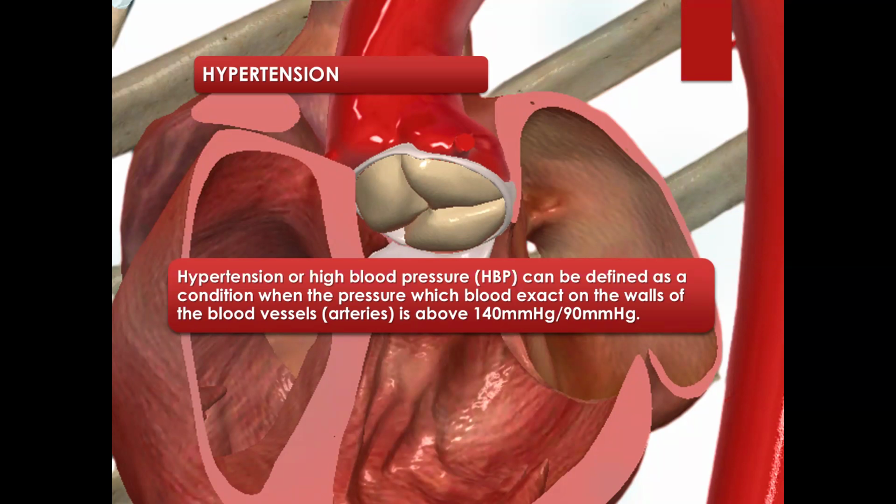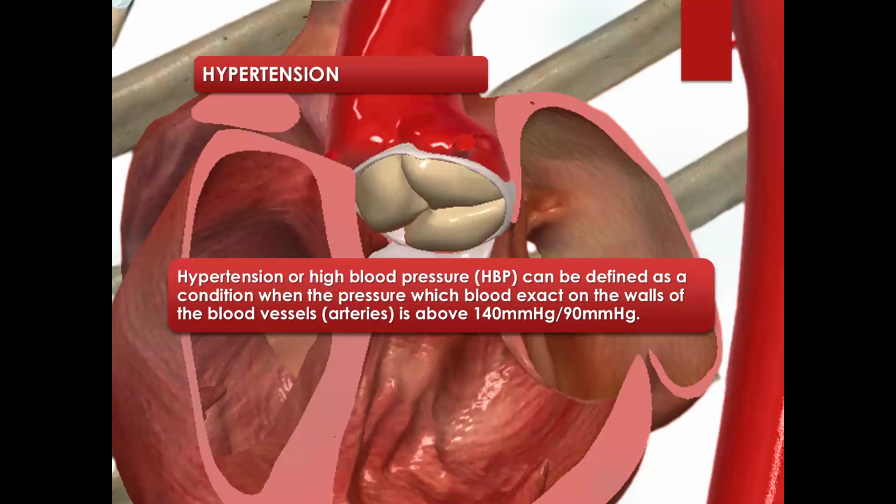So remember the force that pumps the blood, the contraction force, is known as systole, or the pressure within the artery when the heart first contracts is known as systolic pressure, and the pressure that remains when it's resting is known as diastolic pressure.